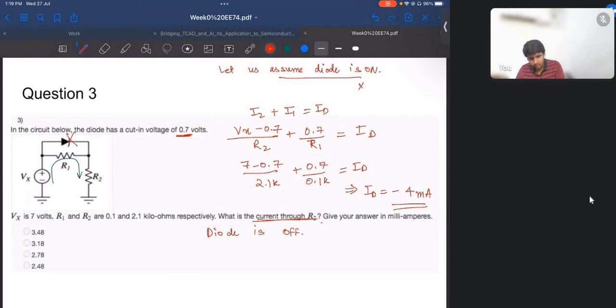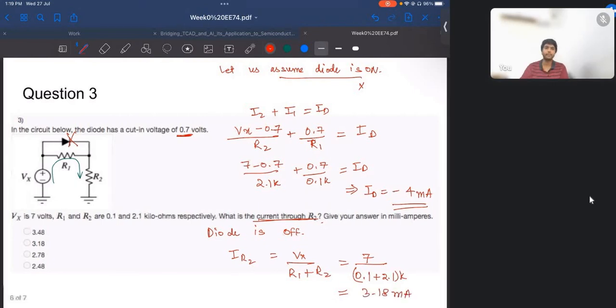When the diode is off, the current through R2 will be the current through R1. So it will simply be Vx by (R1 plus R2), which is 7 by (0.1 plus 2.1) K. This current will be 3.18 milliamperes. So this will be the correct answer.